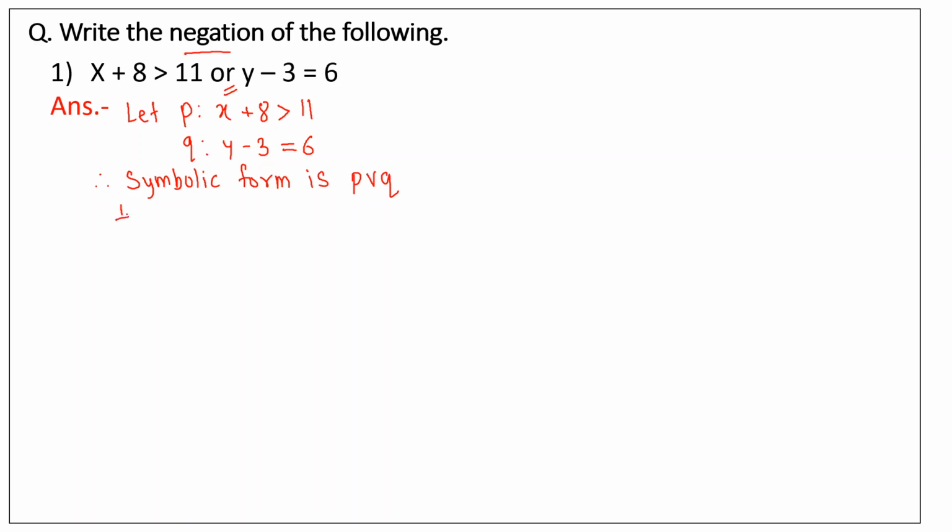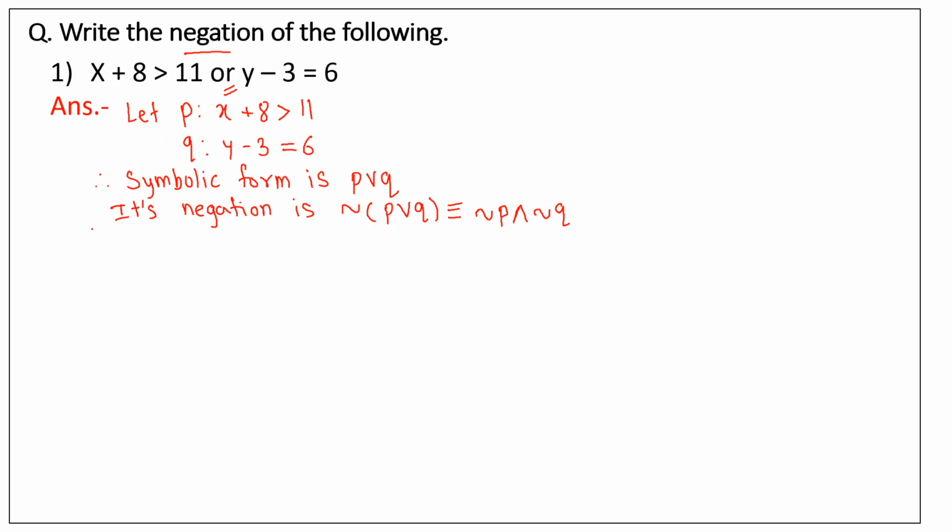So its negation is negation of P or Q. Now remember, do you remember De Morgan's law? This will be negation of P and negation Q, where 'or' changes to 'and'.